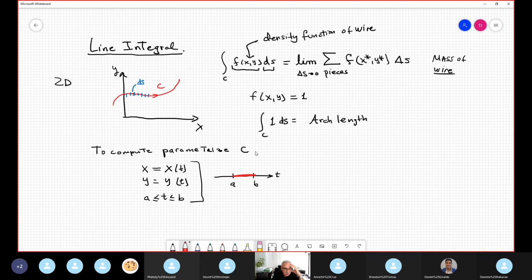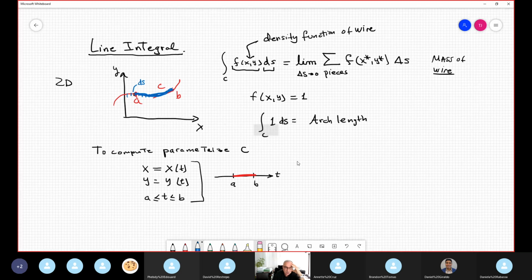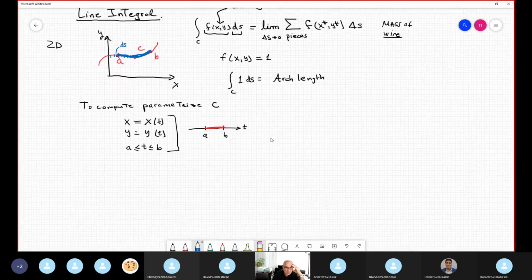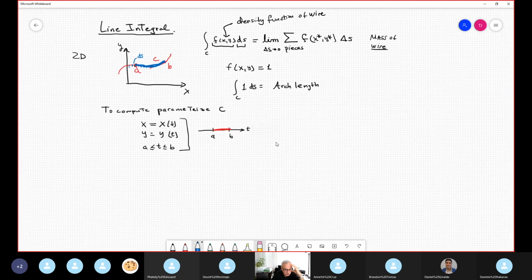Suppose hypothetically we get the point A here and the point B here. So we are doing the line integral in this portion. You are doing the parametrization like that. You can interpret this like a substitution. Okay, substitution. Now substitution how? Well, substitution in this way. Look at that.